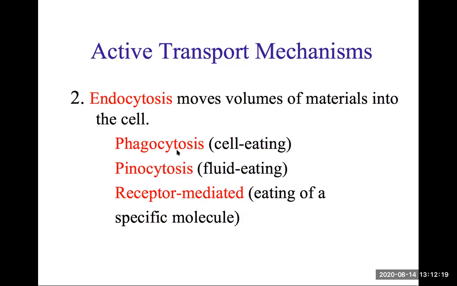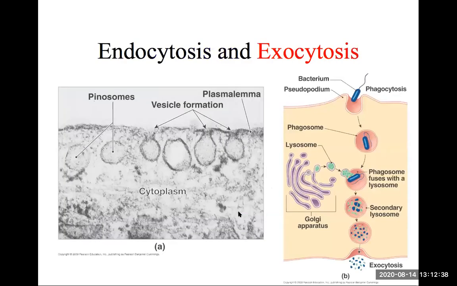Phagocytosis, which means moving food in the cell. Pinocytosis, which means moving liquid inside the cell. And receptor-mediated endocytosis, which means to bring into the cell a specific molecule. All right, let's look at these.